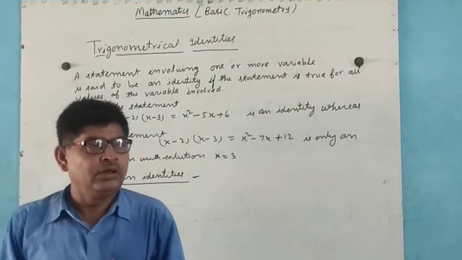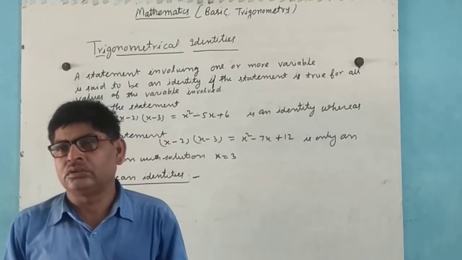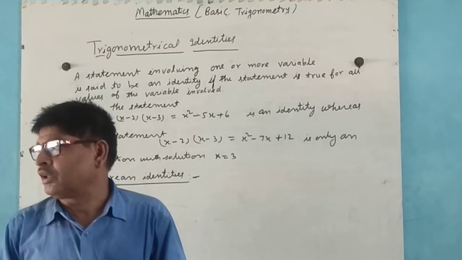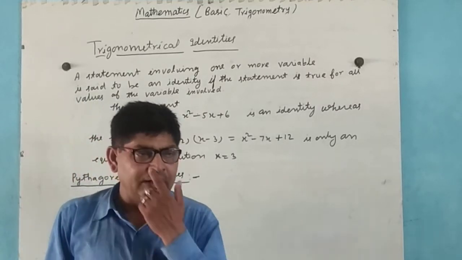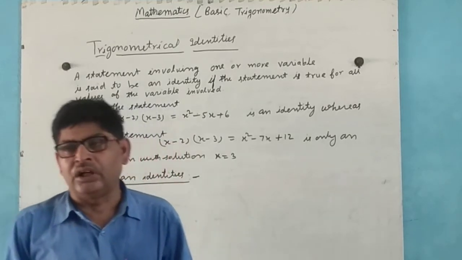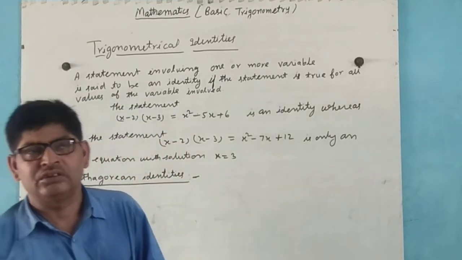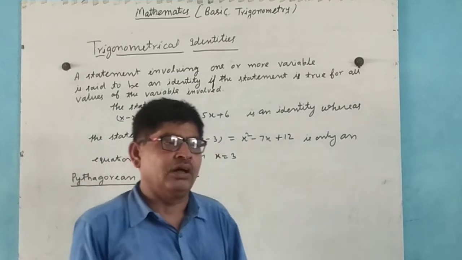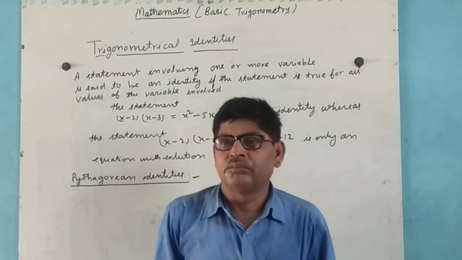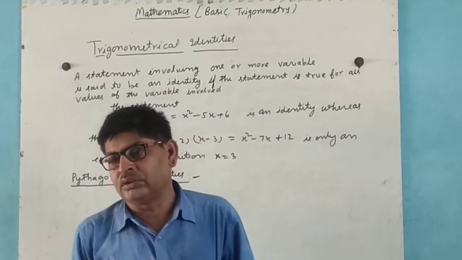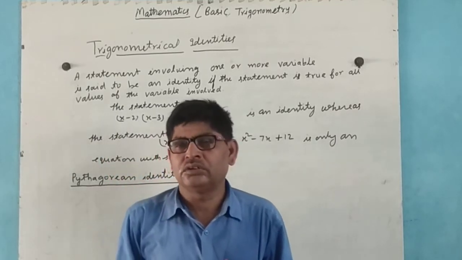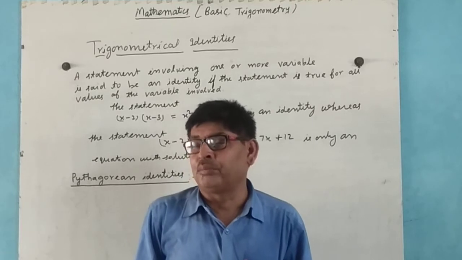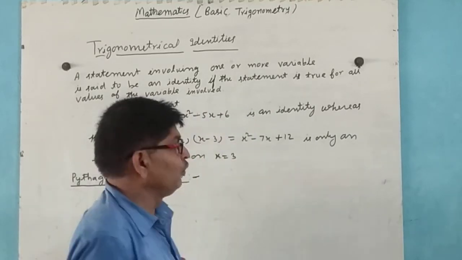Almost all the algebraic formulas and trigonometric relations are identities because they are satisfied for all values of the variable quantity, whereas equations are only satisfied for fixed values.